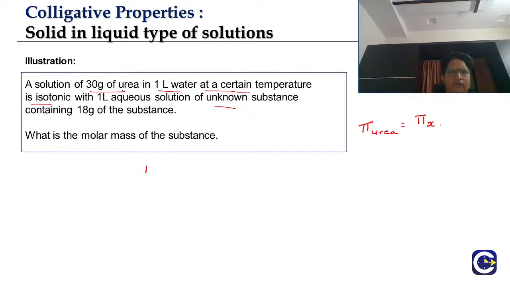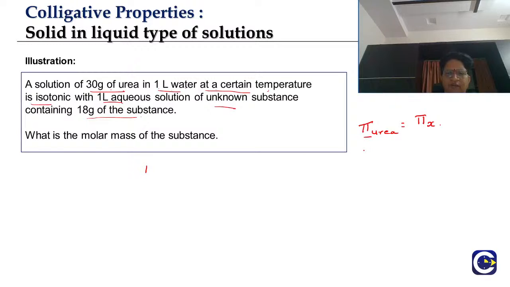Temperature, they didn't give anything about temperature, it means the temperature is same.